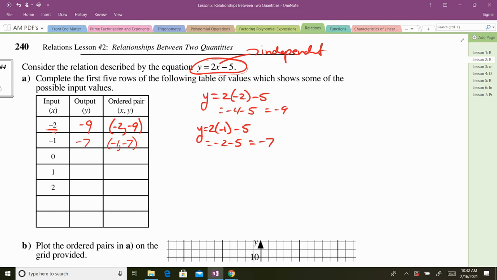What if you put 0 in? What do I get if I put 0? Negative 5, right?